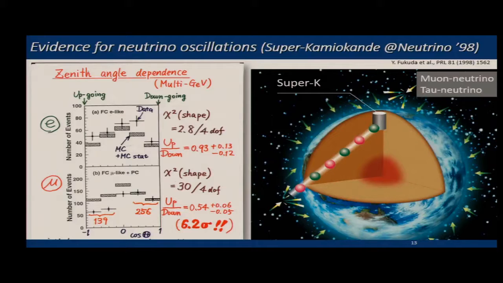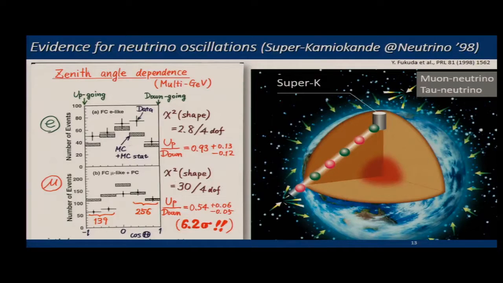Neutrinos produced on the other side of the Earth propagate in the Earth, and while propagating, they change their type from muon neutrino to tau neutrino, muon neutrino, tau neutrino, and so on. And therefore, when they come to the Super Kamiokande detector, only half of them are muon neutrinos.